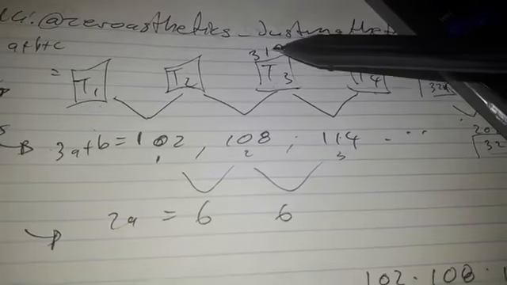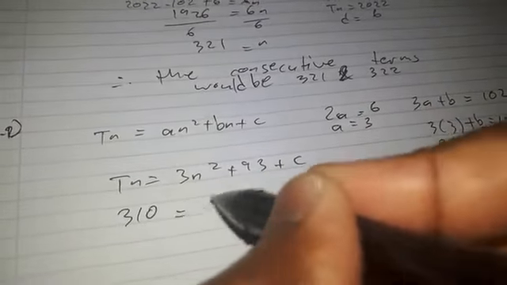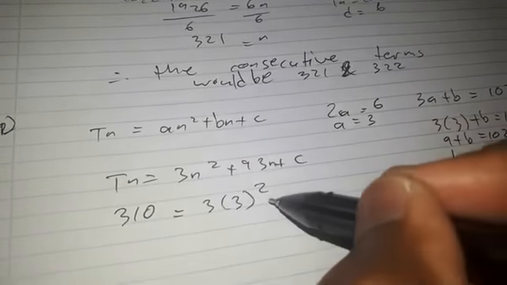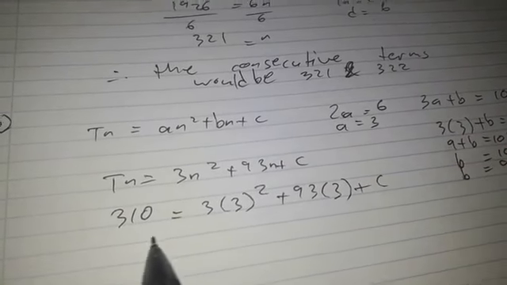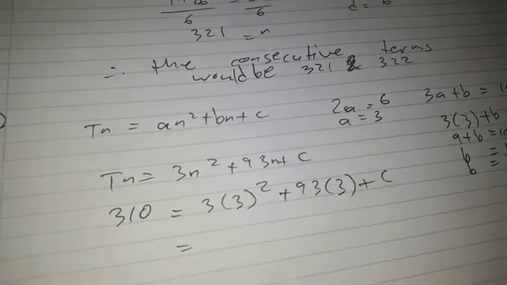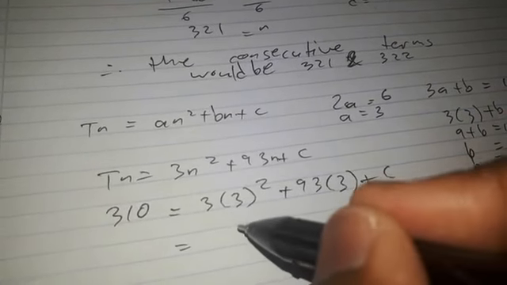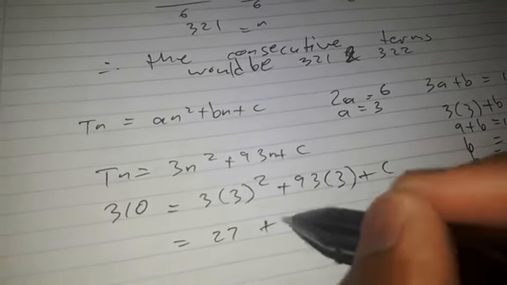They gave us n and Tn: n is 3 where Tn is 310, because they said 310 is the third term in our sequence. I forgot an n there. So this is 93 with 3 where n is, and then here we're just working out a value for c. This is 9 times 3, which is 27. 93 times 3, let's see what that gives us.